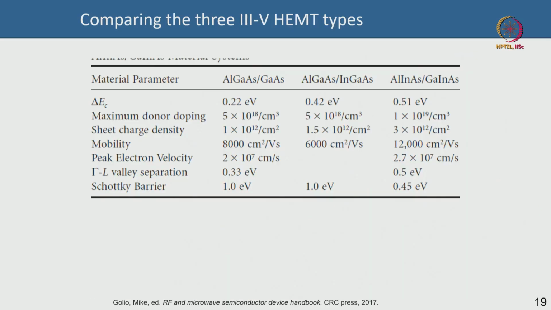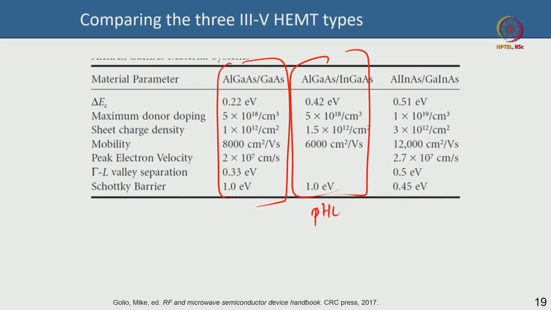So, if you compare, this is the baseline AlGaAs HEMT. This is your pseudomorphic HEMT that we discussed until now, and this is your indium phosphide HEMT. Different parameters are listed. In a normal AlGaAs HEMT 0.22 eV is the delta, in a pseudomorphic HEMT it can be up to 0.4, in indium phosphide it can be 0.5, higher the better. You can see the maximum donor is 5 into 10 to the power 18, you can give delta doping, here you can give 1 into 10 to the power 19 because the band gaps are higher.